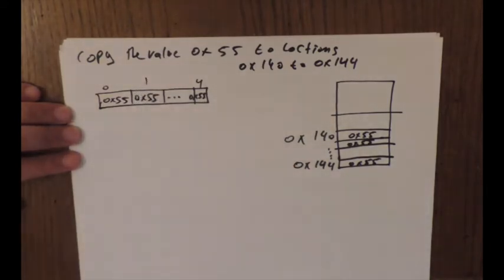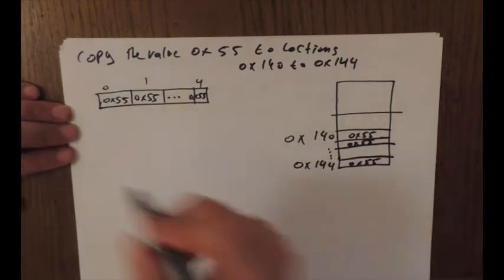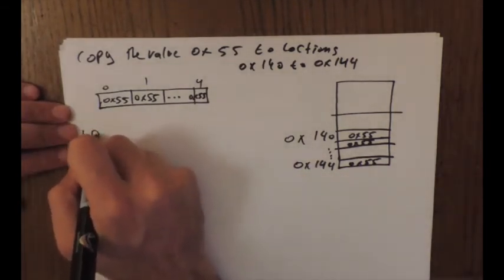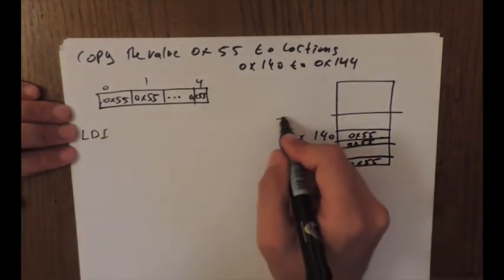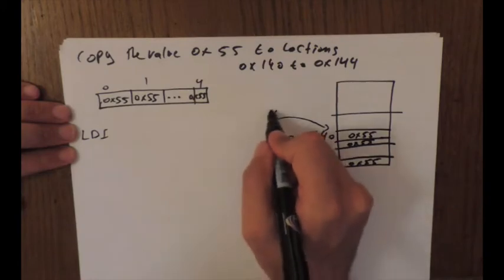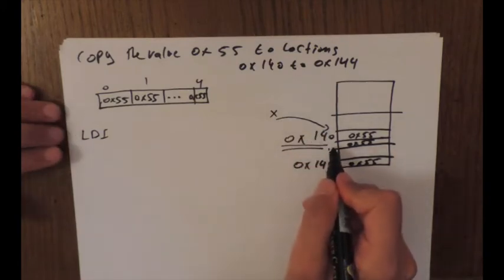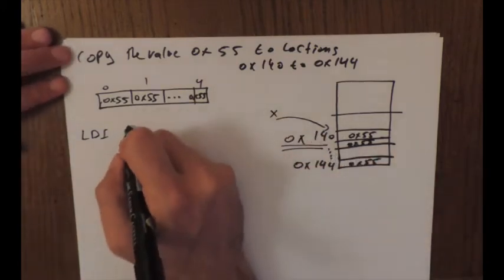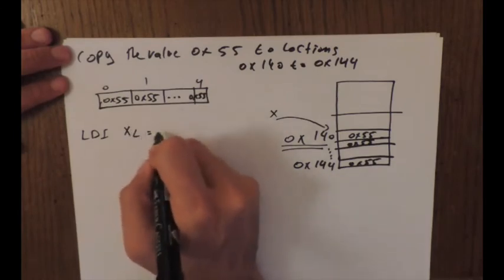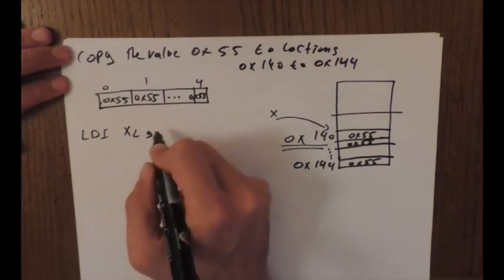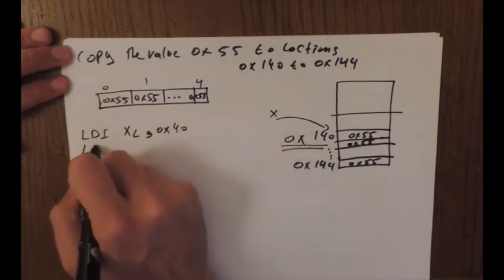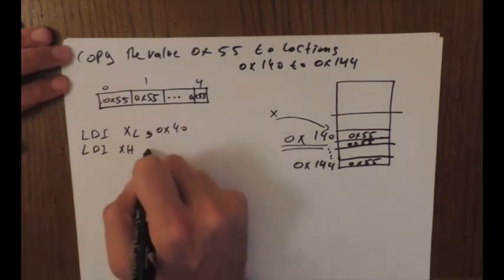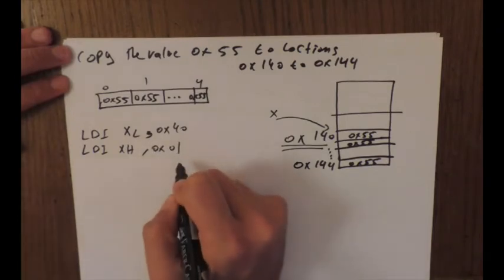Okay, so to do this, first I need to set up my pointer. So let's use x. First I know that the memory I want to point to is 0x140, so I need to place x pointing to 0x140. So I say, okay, xl will be LDI xl 0x40, and then LDI xh 0x01.